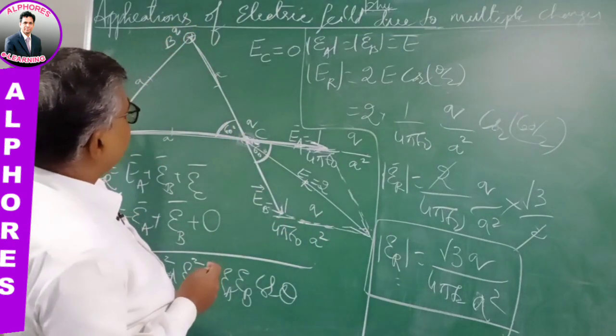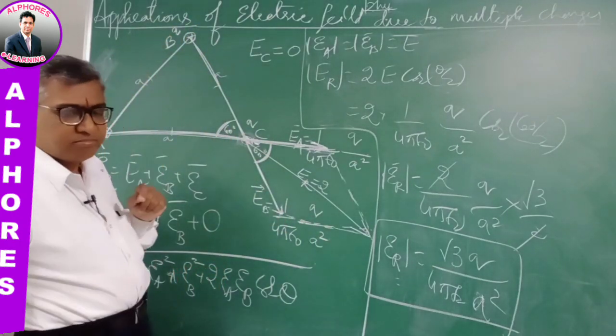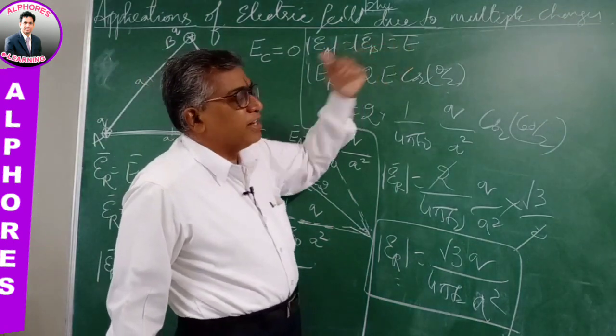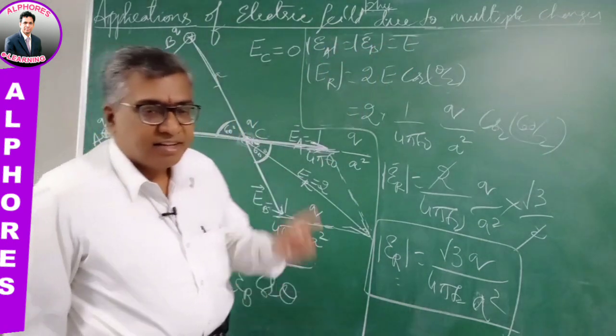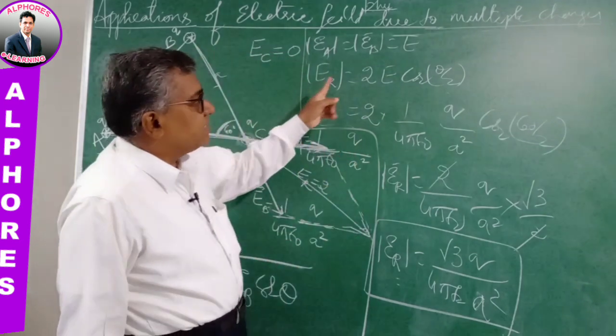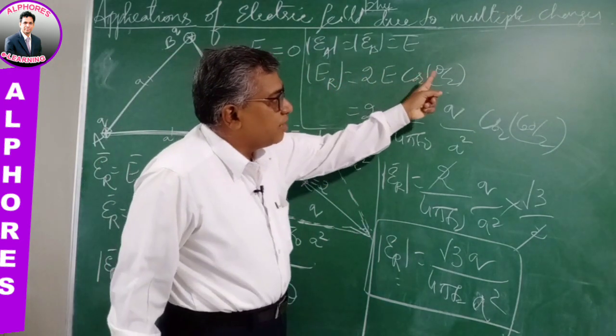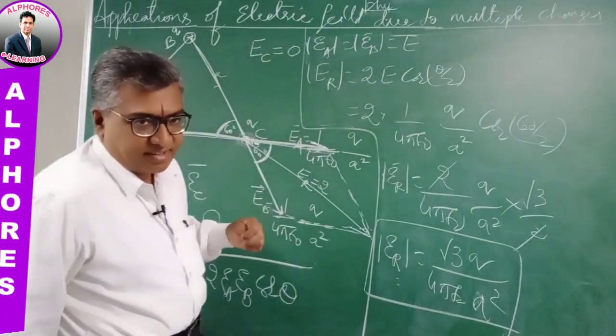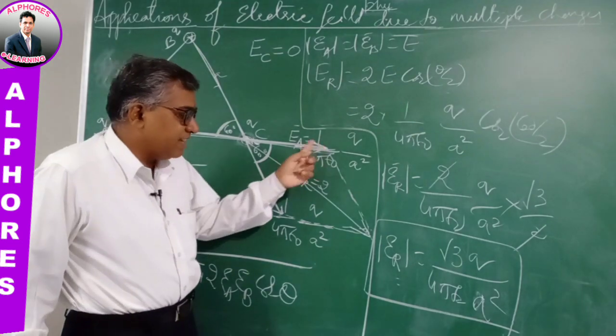Since the charges are of the same magnitude and the distance is the same, the magnitudes of the fields are the same. Let EA and EB have magnitude E each. Then according to the note, the resultant is 2E cos theta by 2.